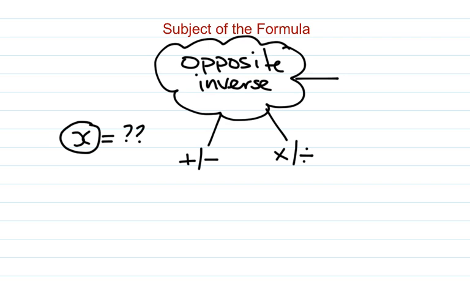If you see something that is square rooted, the opposite of that is to square it, and square gets rid of square roots. Just the same way, if it's cube rooted, then the opposite would be to cube it.